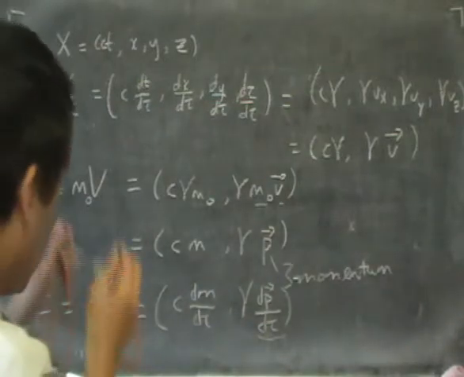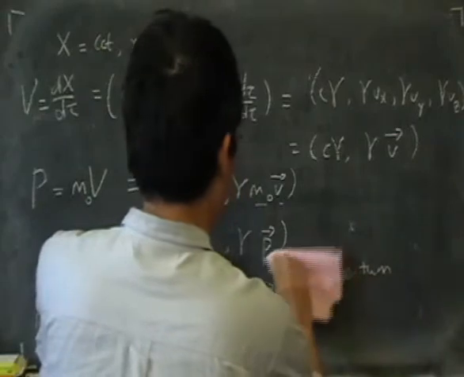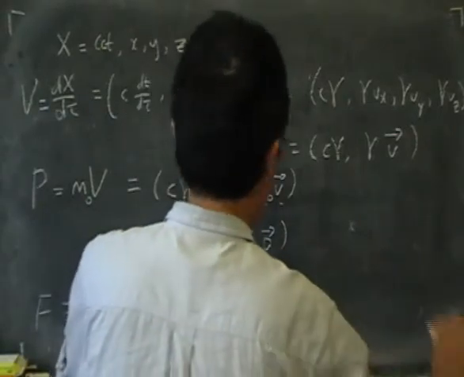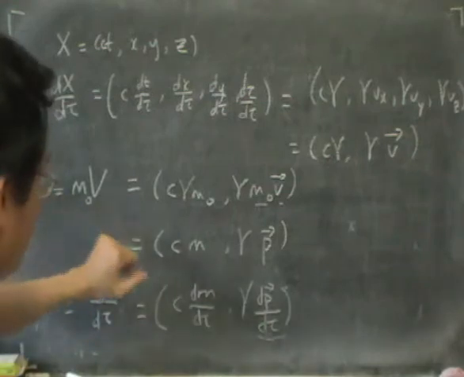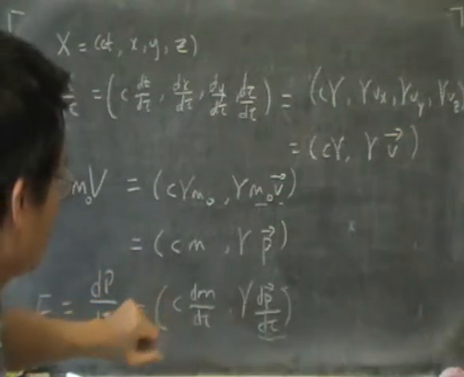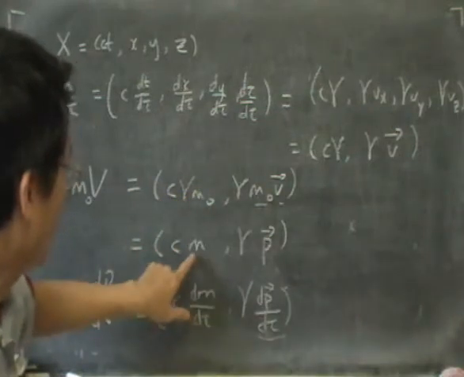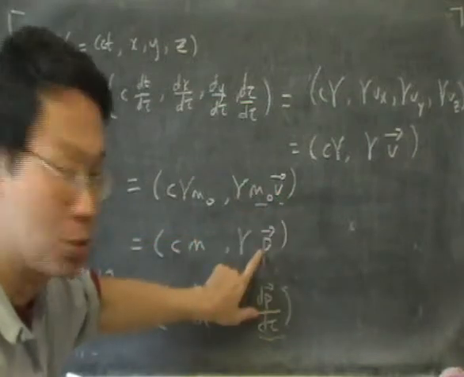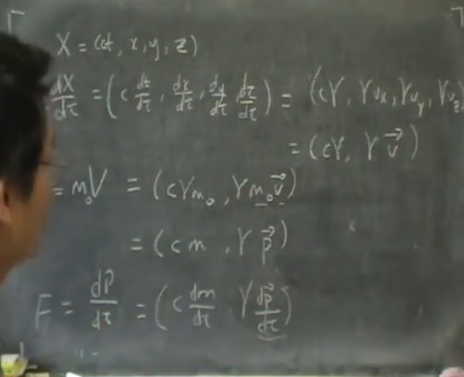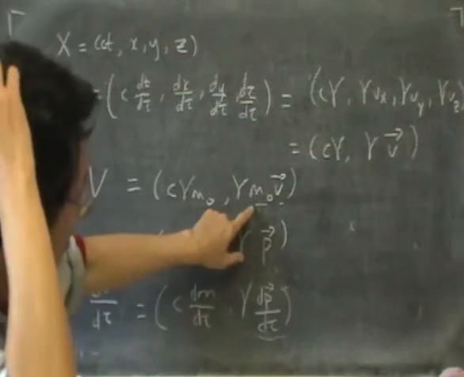Right, let me make a correction here. Let's backtrack a bit to the 4 momentum. This part here, as I've written it, I've called m0 v the 3 momentum. That would be how we use it in Newtonian mechanics.